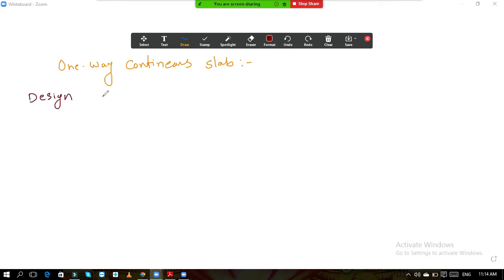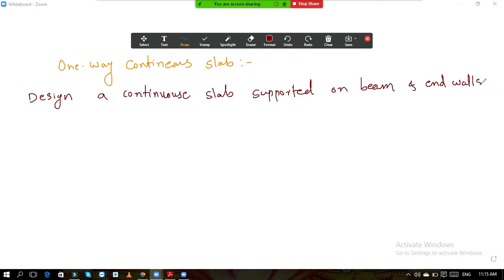Design a continuous slab supported on beam and end walls, comma, the live load on slab is 3000 Newton per meter square. Full stop.